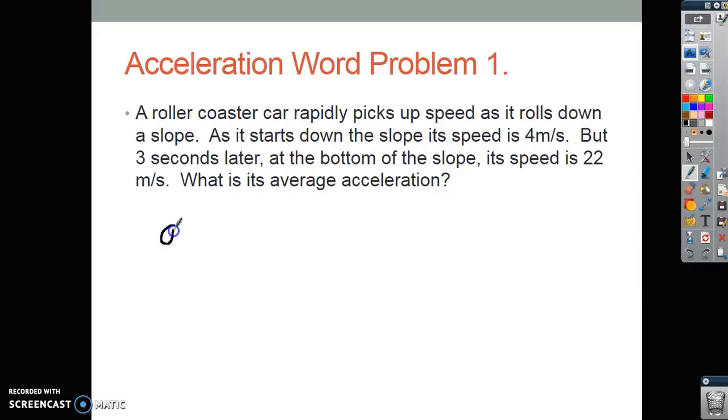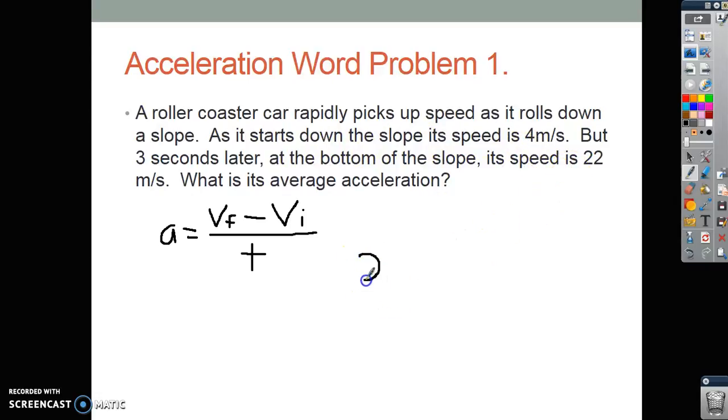Acceleration is a equals velocity final, that's what v lowercase f means, minus velocity initial, and that's what v lowercase i means, over time. So our initial velocity is when it starts going down the slope. And 3 seconds later, at the bottom of the slope, is the final velocity, 22 meters per second.